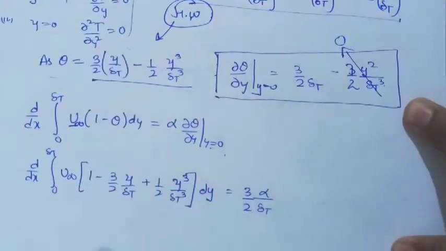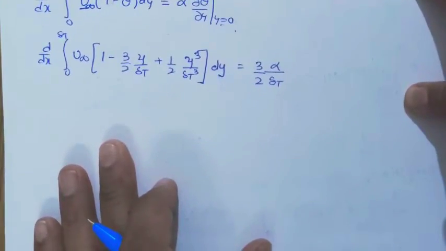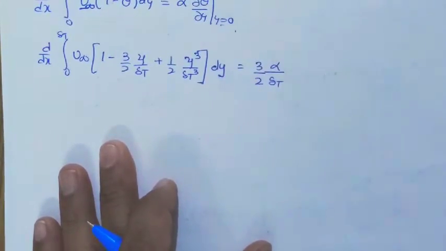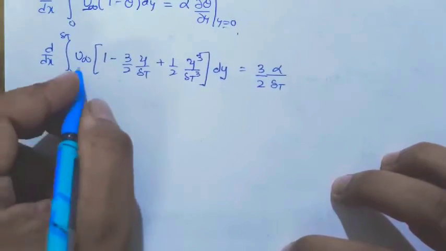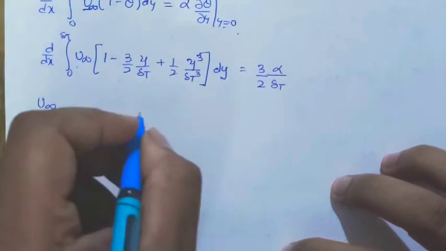Now again, if I want to get this, I have to integrate this. Upon integrating it, what I'll get, this is a constant, so it will come out, right?